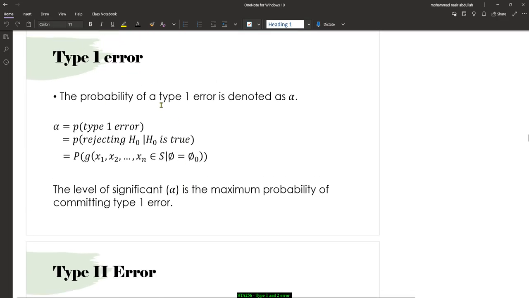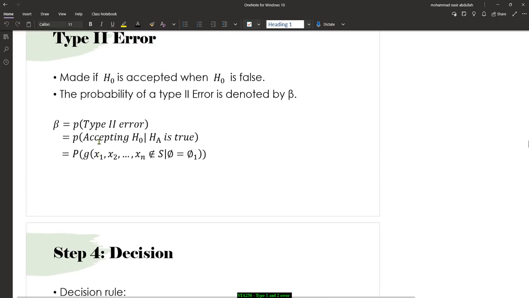Type 1 error means we want to find the probability of rejecting the null hypothesis when the null hypothesis is true. When the null hypothesis is true, we want to know the probability that we reject it.